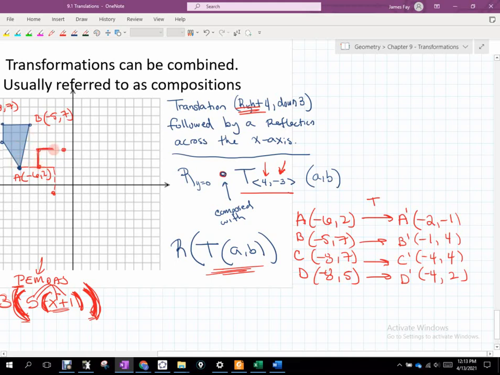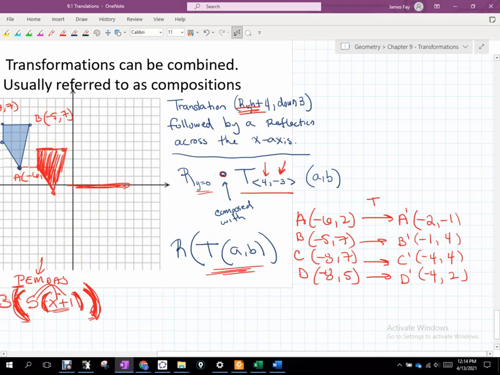If I graph this, which I didn't really want to do because it gets messy, would you guys agree that that red image is the same as the blue one, just moved right 4, down 3, right? Now I want to reflect that across the line y equals 0. So I want to reflect it across that axis. Everything that's up here is going to come down below, and everything that's below is going to go up top. Does that make sense?